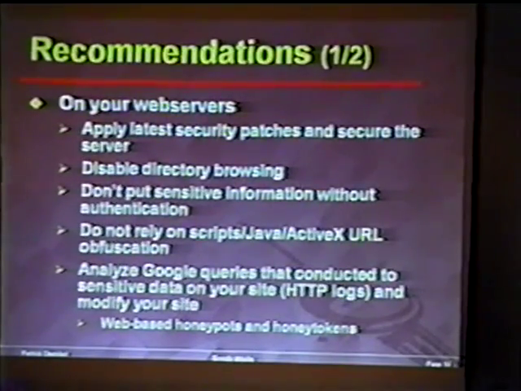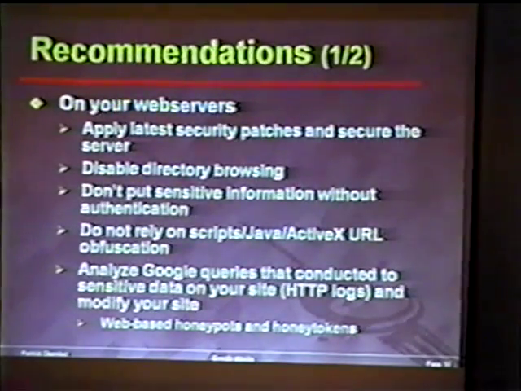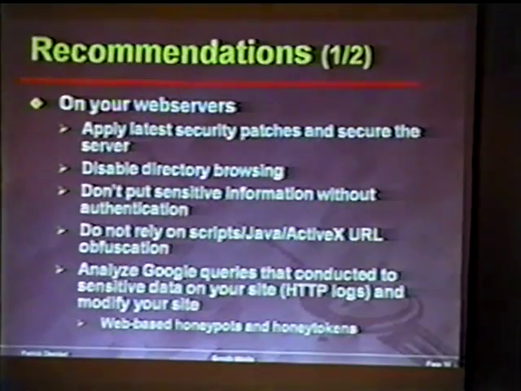And if you analyze your weblogs, you can see the keywords used on Google to get to this page, and you can react and modify your website accordingly. Honey tokens is only data captured by an attacker and used afterwards that helps you detect that you have been attacked.